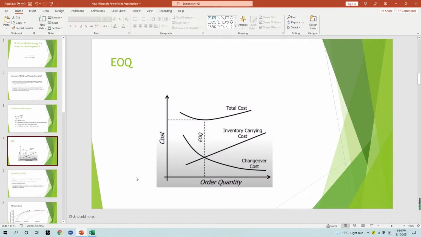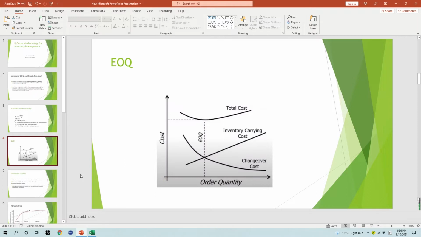And when the two curves meet, or when the two curves are balanced, you can see where the total cost is at its minimum. And at this exact point, you'll be able to get the optimal order quantity.